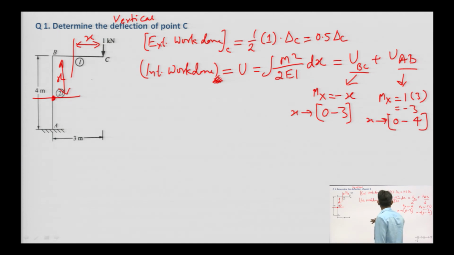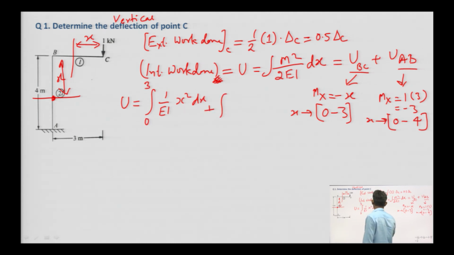Let us calculate the value of U. For BC, it is the integral of 1 upon EI, M square means x square, into dx, limit 0 to 3, plus the integral of 1 upon 2EI, M square is minus 3 squared, so it will be 9, into dx.